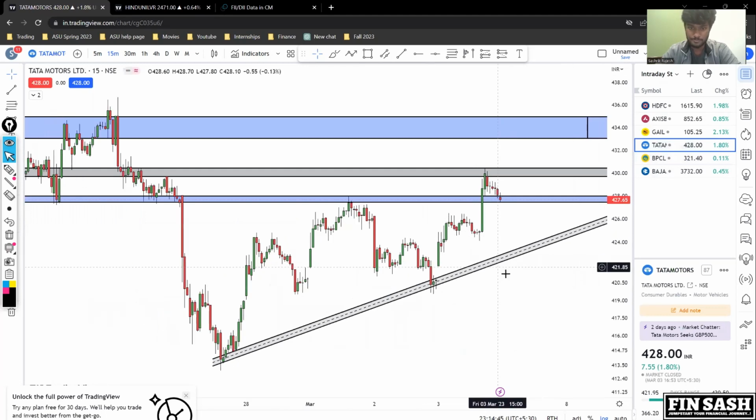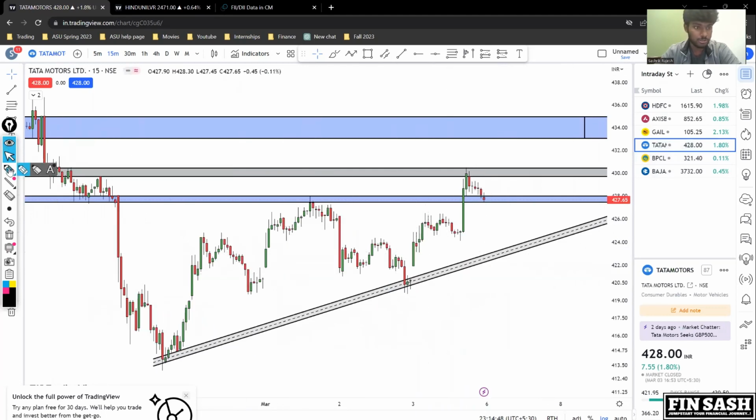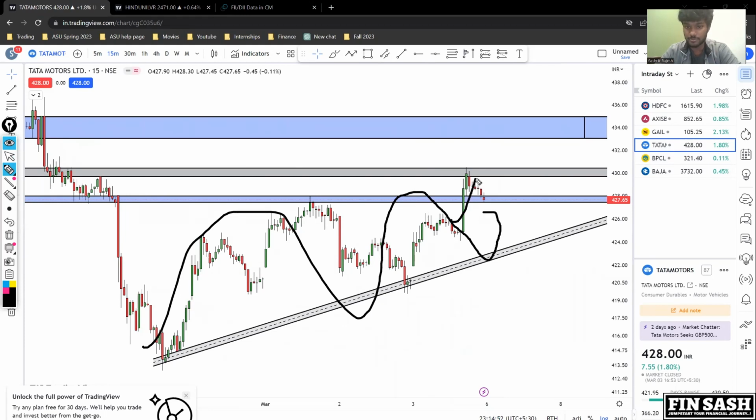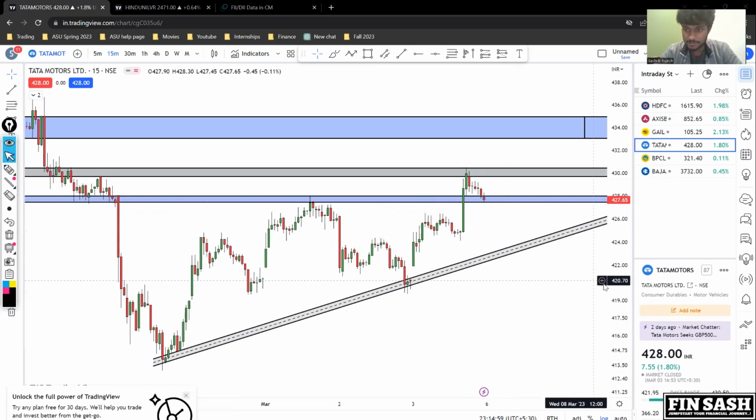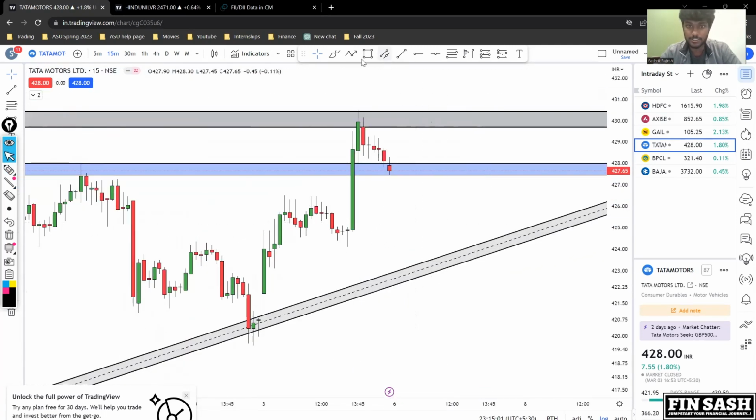Tata Motors, again a bullish stock. It's been taking support or resistance, and finally it gave a breakout. Now it's in the retest zone. So maybe if you are slightly risk-taking traders, you can immediately take up a trade if it gives a green candle here, or add your first quantity here.